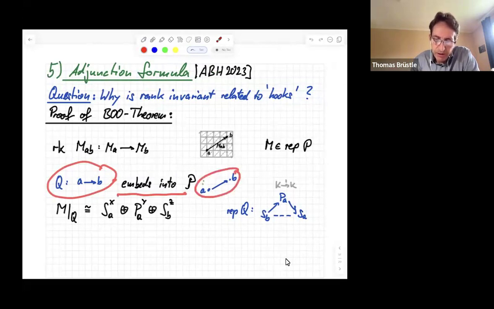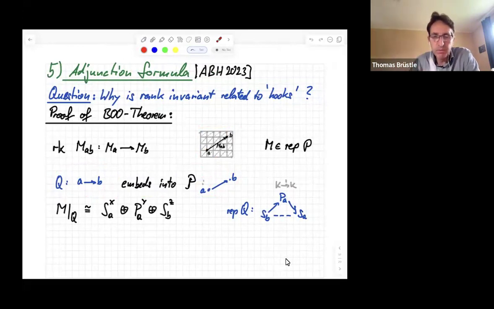So our quiver here is embedded into this larger two-dimensional grid. We embed it just A goes to A, B goes to B. We really have an embedding of a sub-poset, an embedding of a quiver into my larger poset algebra. And given the module M over the large poset P, we can restrict it to the smaller sub-poset. We restrict M to that quiver.